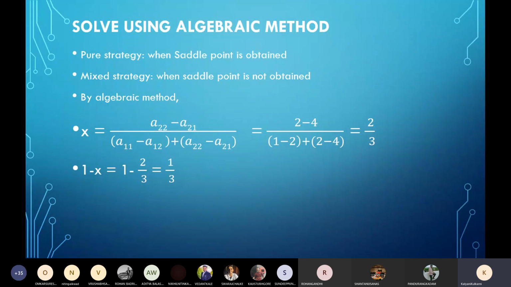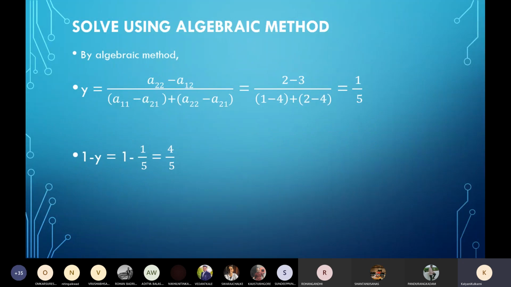Okay, finished? Yes, ma'am. Find y: a22 minus a12 upon a11 minus a21 plus a22 minus a12, and then 1 minus y. It is 1 by 5 and 4 by 5.